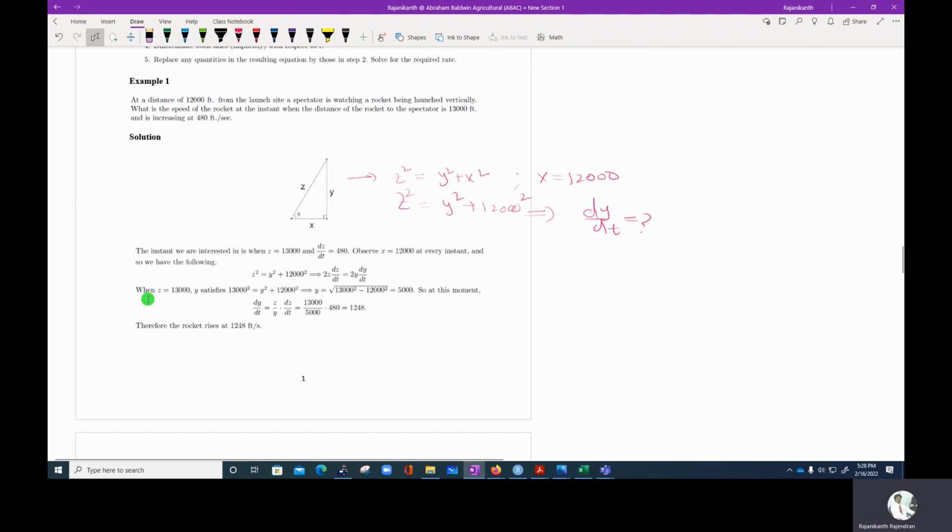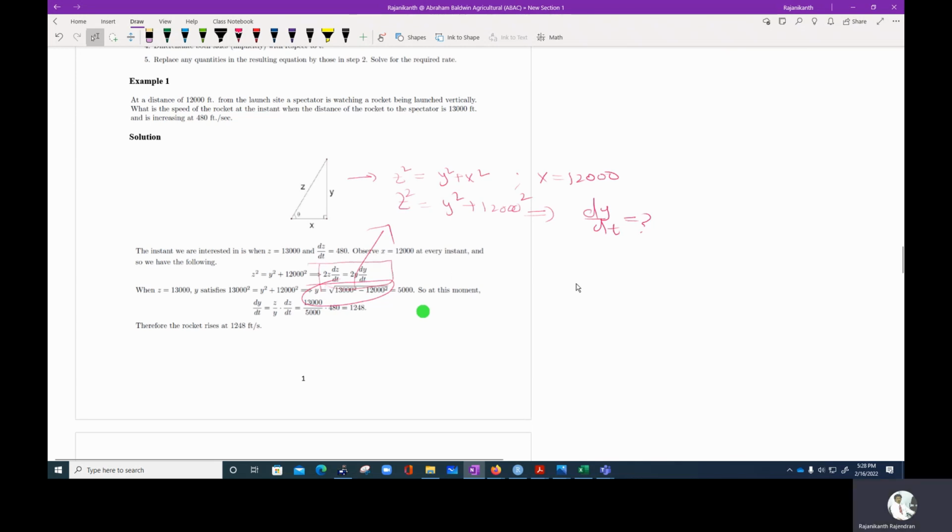But the question is finding the speed when the distance is 13,000, so you simply plug in 13,000 for z. So this step is coming from where? Coming from this relationship. Remember, you are finding dy over dt. That is your task.